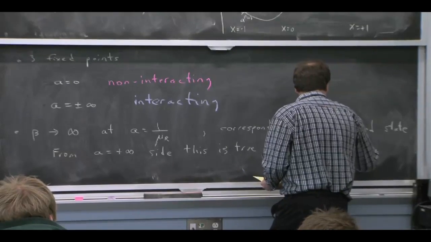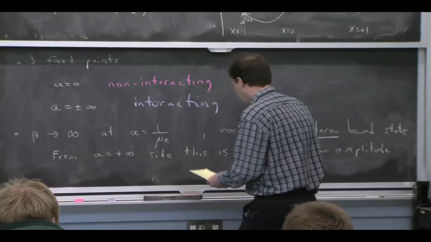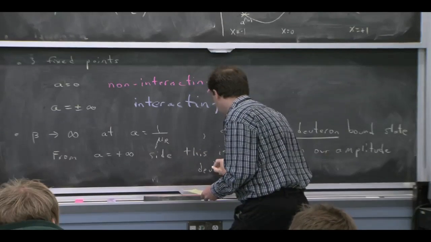So we have a non-interacting theory. We have some non-trivial amplitude, and this deuteron is a pole in that amplitude.